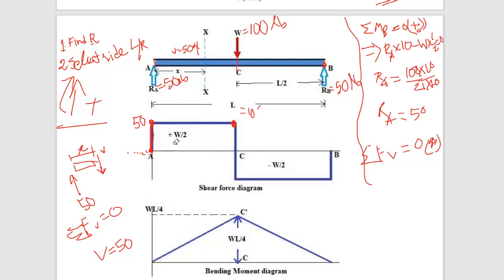Okay. But it gets disturbed when you just reach the point of W. Why? Because at the point of W, we have something different, which is called the 100-pound load. Which direction is the load W acting? Downward, sir. So if you start from the left side, upward is positive. So downward would be negative.